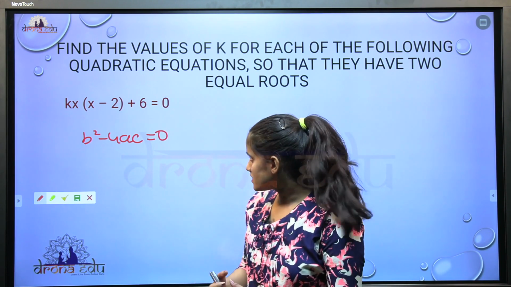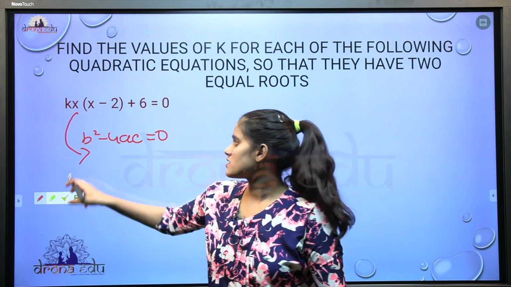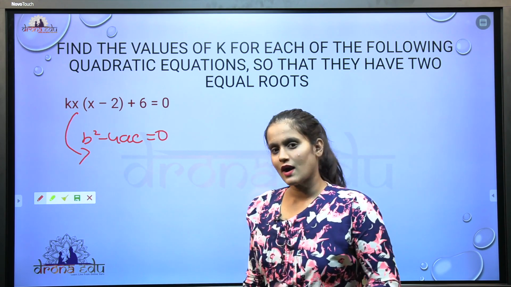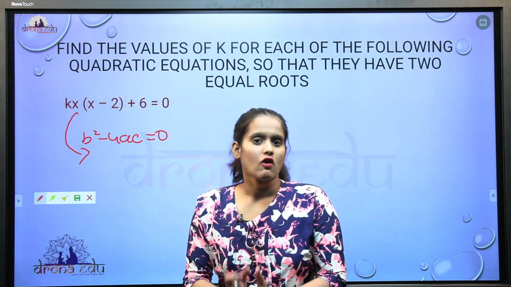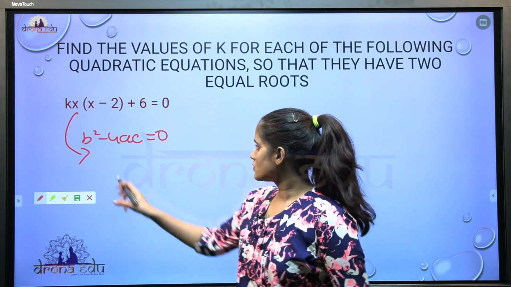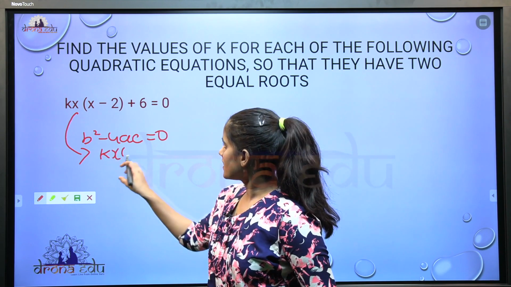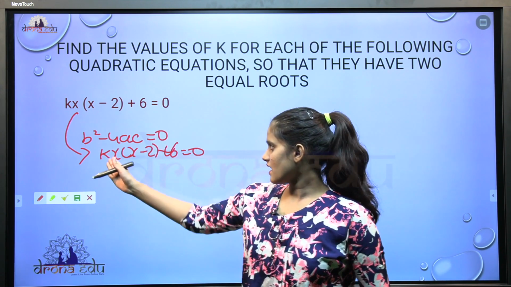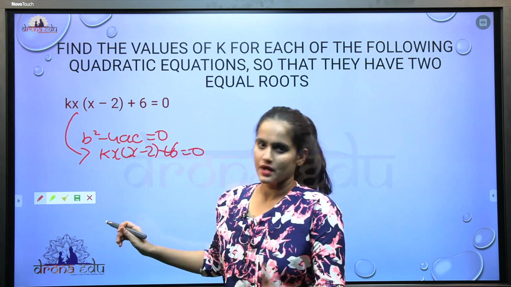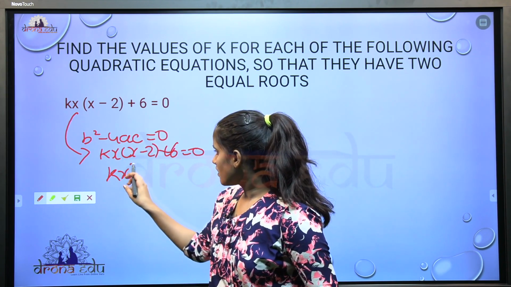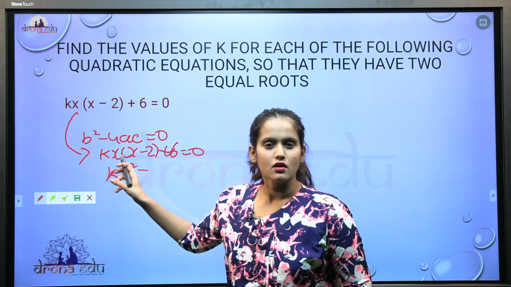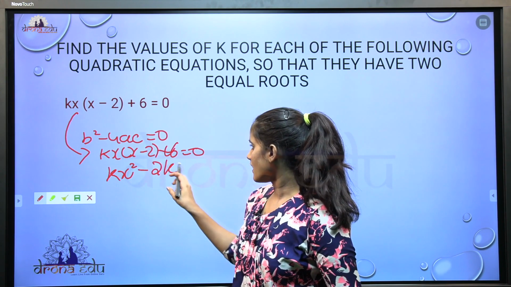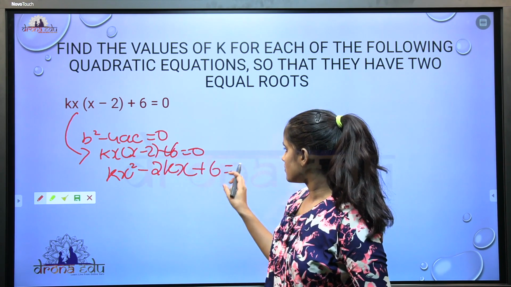First let me convert this equation into a proper quadratic equation, and then apply the formula and solve for the k value. kx into x minus 2 plus 6 is equal to 0. So kx into x is kx square, and kx into minus 2 is minus 2kx. So kx square minus 2kx plus 6 is equal to 0.